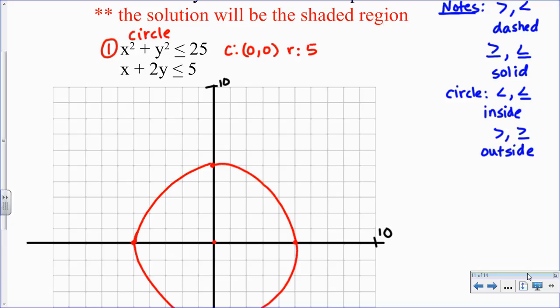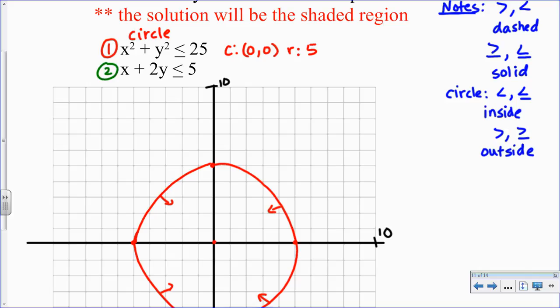Okay, so would you shade inside or outside this circle? Inside. So I'm not going to actually shade, I'm just going to draw arrows showing me that I would be shading inside that circle. You're welcome to go ahead and do the shading if you want. Okay, so there's my circle.